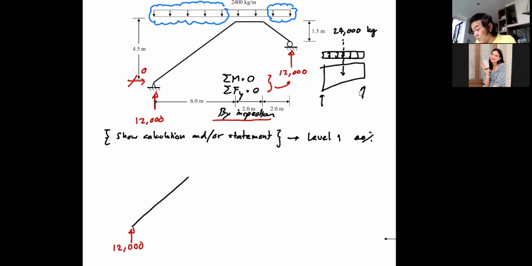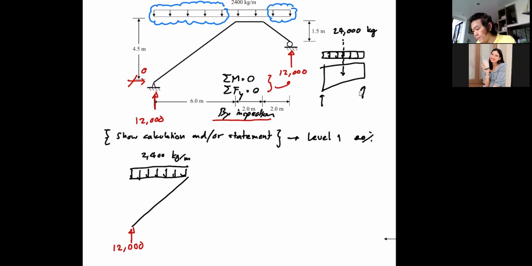And I also have the external load, which is a uniform load in this case. This is 2,400 kilogram per meter. Now, ladies and gentlemen, always keep in mind that you can use this load to complete your free body diagram, but you cannot use this load, which is not perpendicular to your member, to calculate your shear force or bending moment diagram.